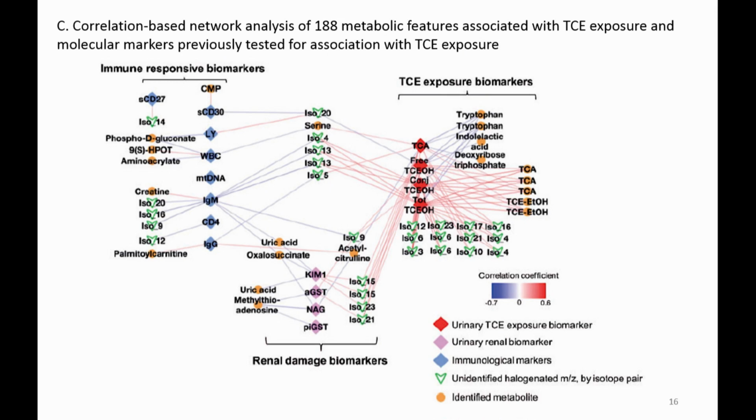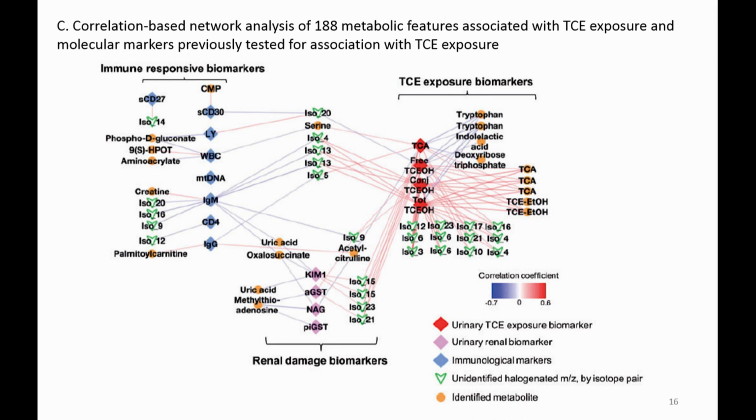The next step in the study was that we also had information for immune response biomarkers, as well as TCE exposure biomarkers and renal damage biomarkers. So we did an integrated network analysis to integrate the metabolites with the immune response markers, renal damage markers, and the TCE exposure markers.